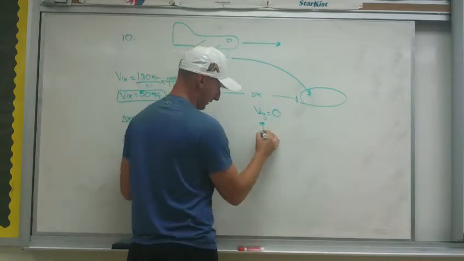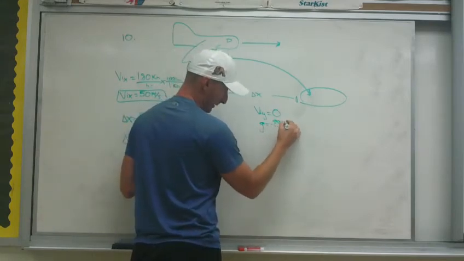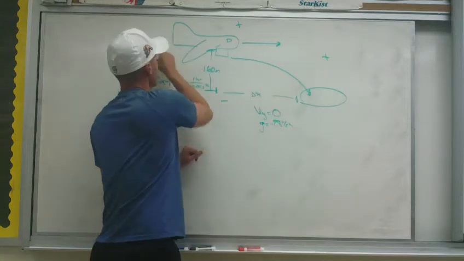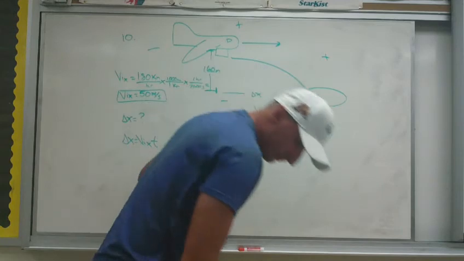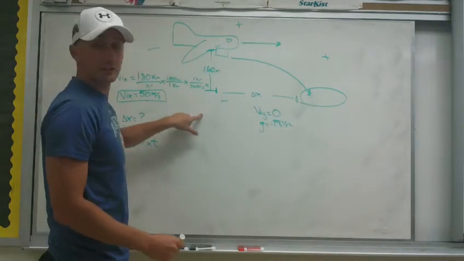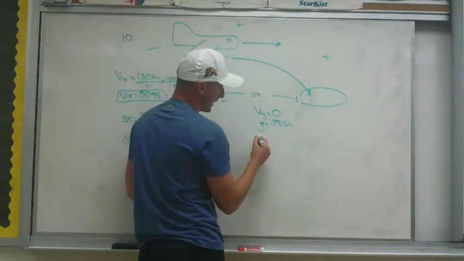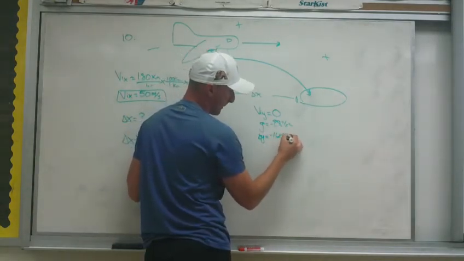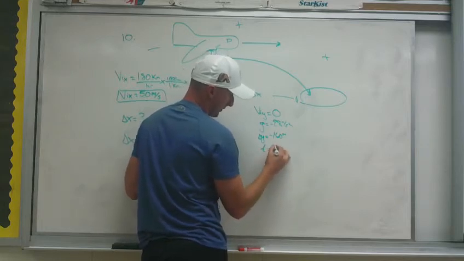I know gravity, negative 9.8. We'll set up positive, negative, negative. It is going to go down 160 meters, so delta y is negative 160 meters. Find time here.